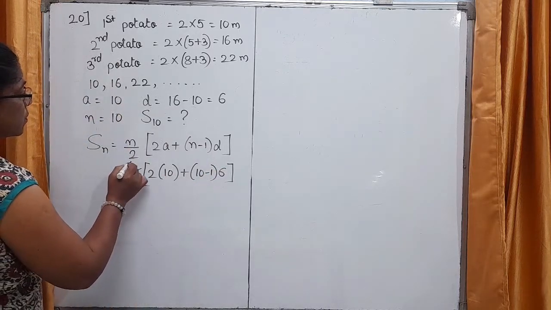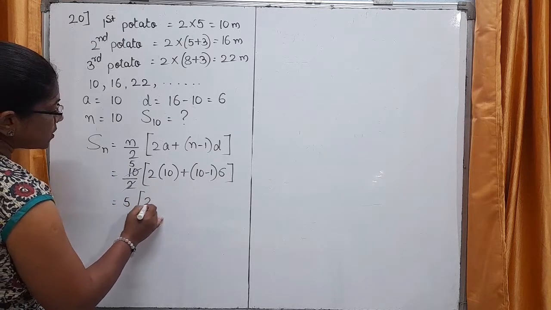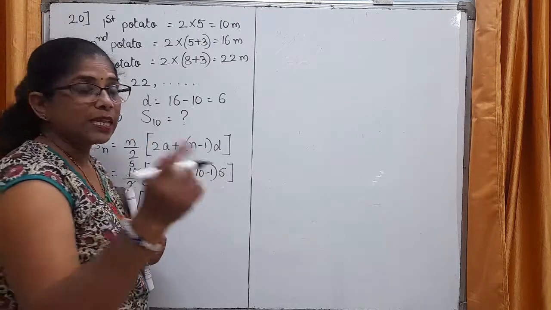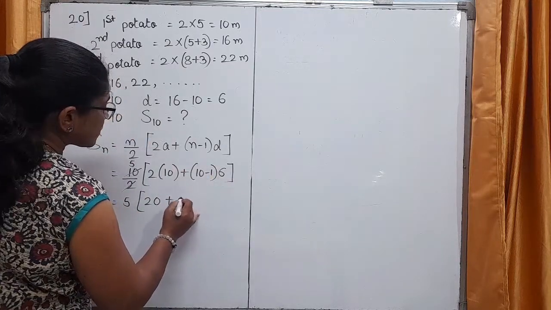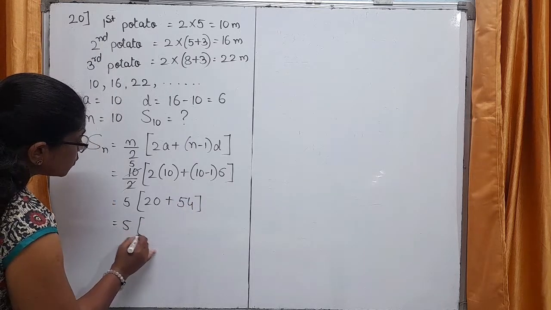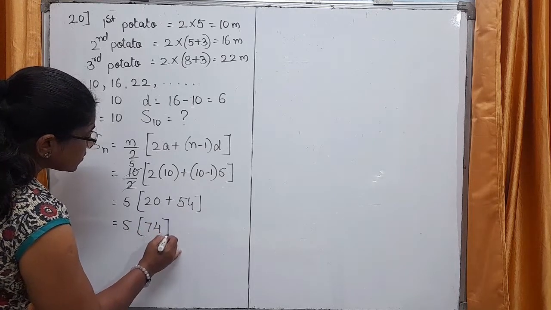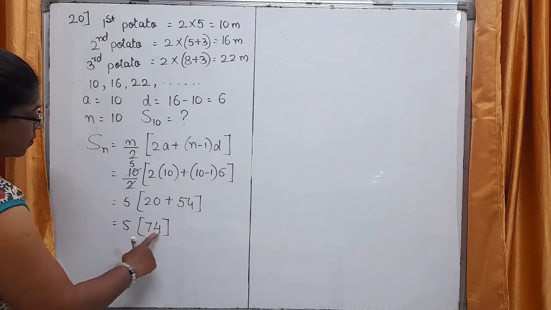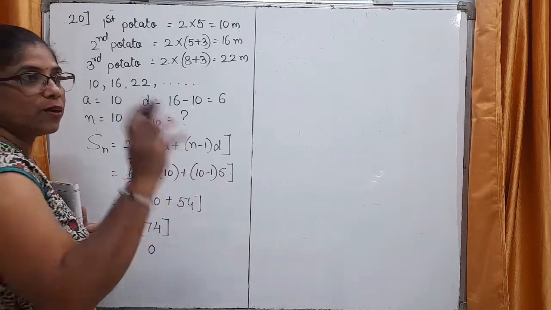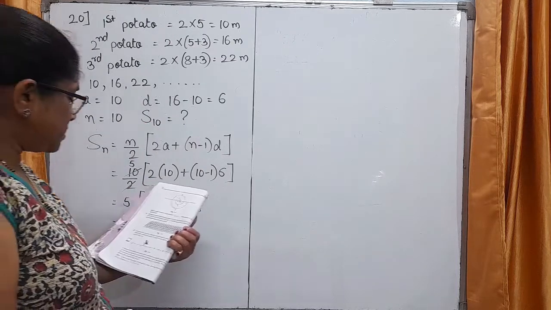5 into 2 10s are 20 plus 10 minus 1 is 9, 9 6s are 54. So this is 5 into (20 plus 54) is 74. 5 into 74, 5 4s are 20, 5 7s are 35 plus 2, 37, 370.